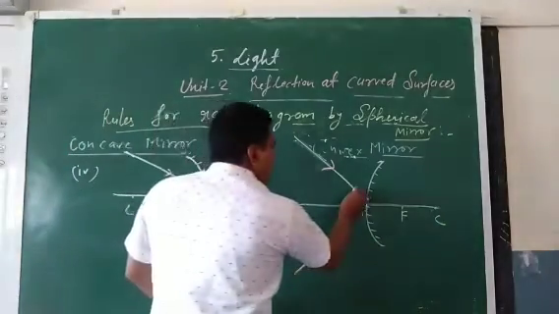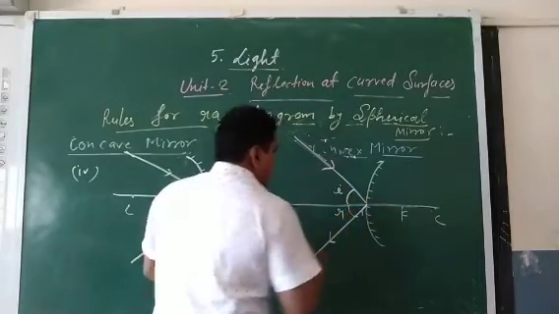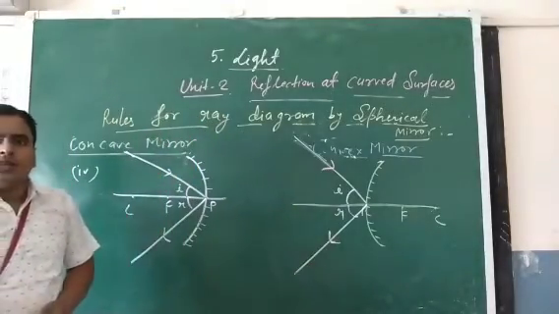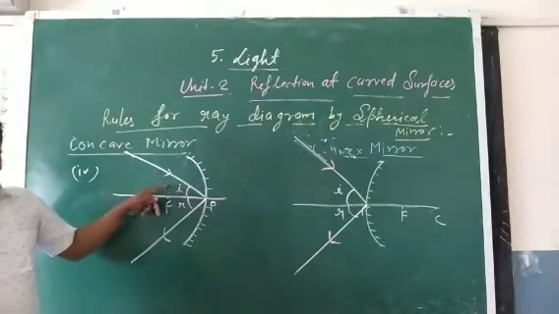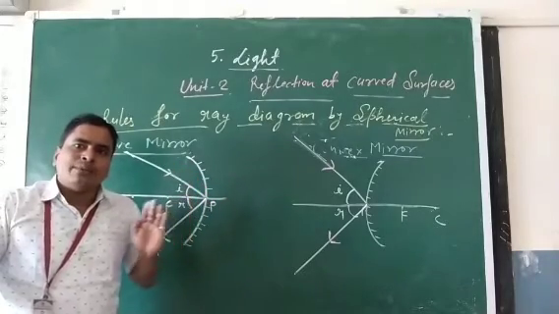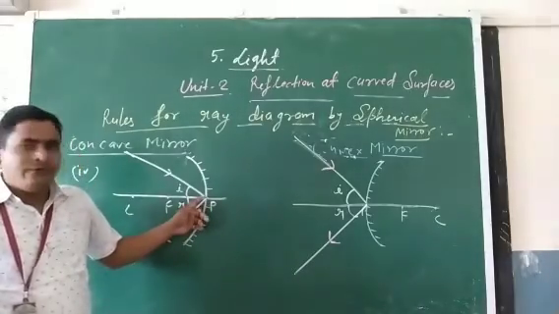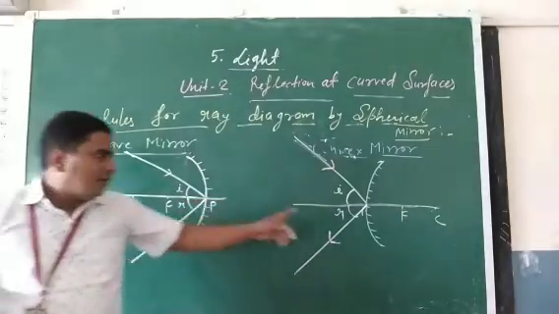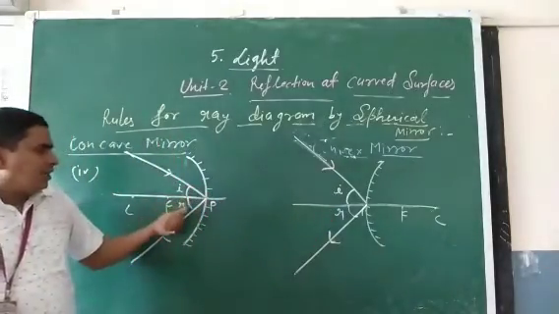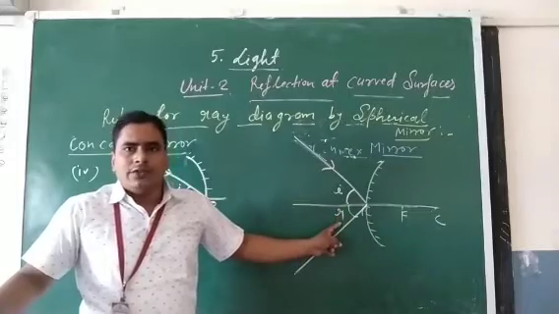That is, the incident ray makes the same angle with the principal axis. So here you can say that spherical mirrors behave like a plane mirror for an incident ray which directly falls on the pole. In this case, angle of incidence is equal to angle of reflection. Here also, angle of incidence is equal to angle of reflection.